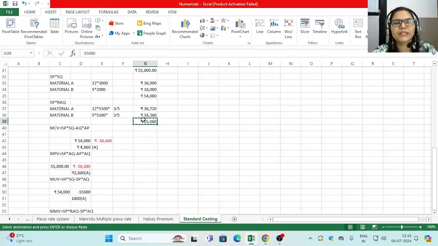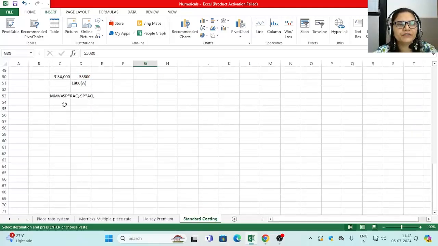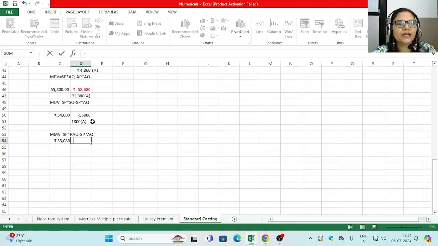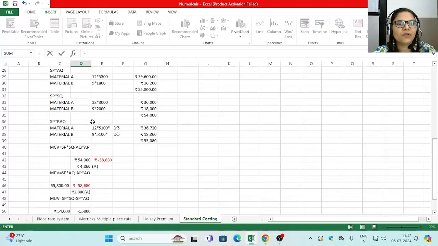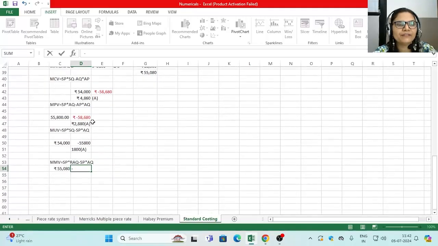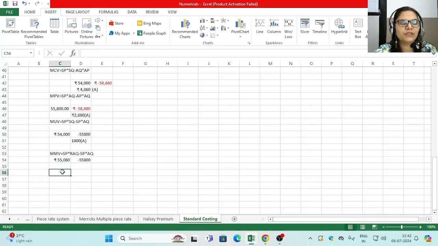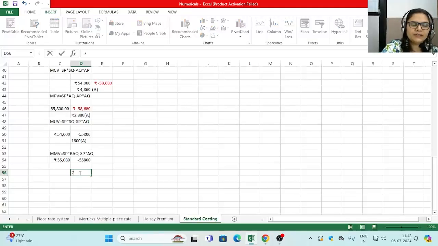So we will copy it here, 55,080 and minus SP into AQ. SP into AQ we have already calculated, which is 55,800. So it will give you the value of rupees 720, which is again adverse.